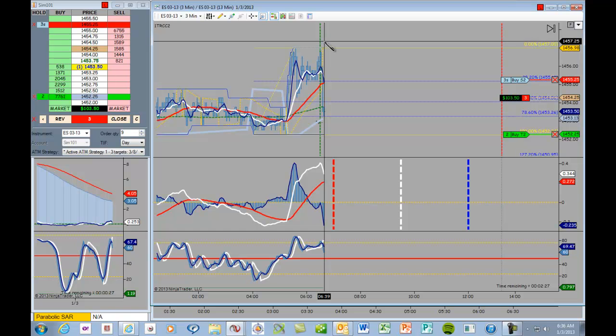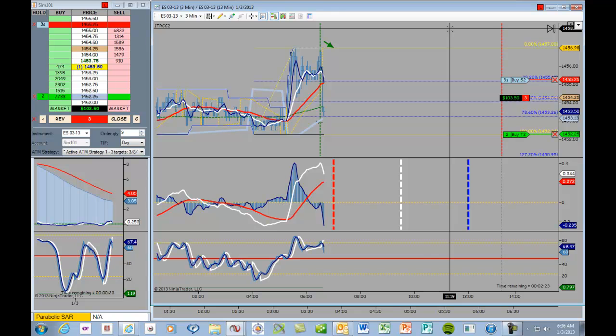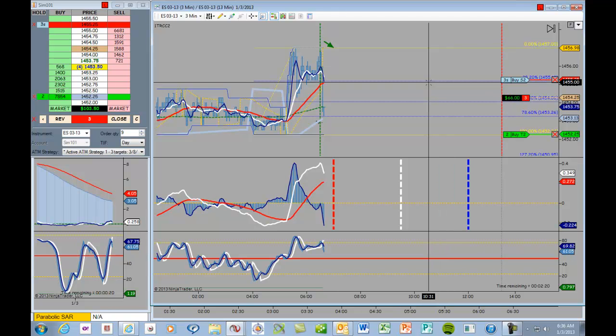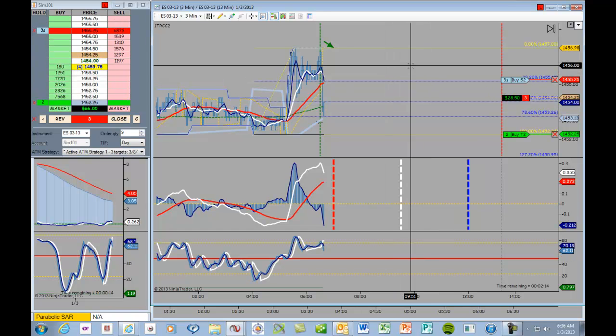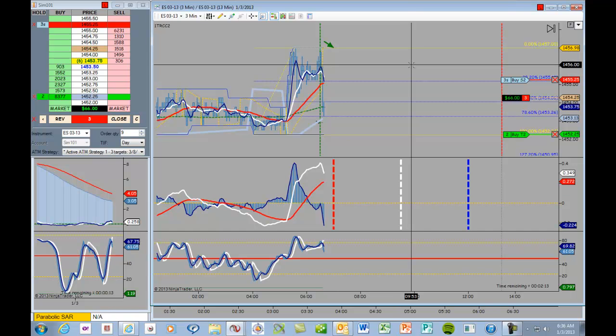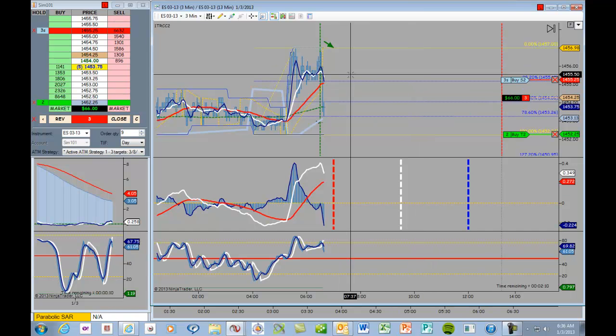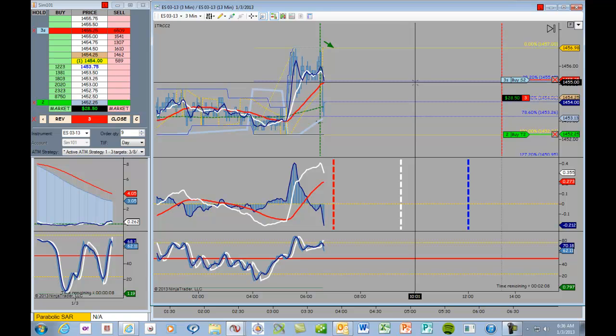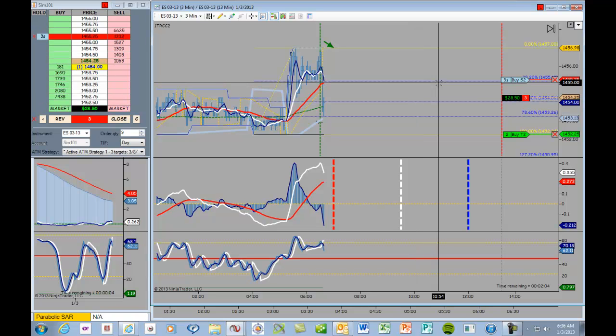Since we're trading off of turning points here, one of the things that is critical for us is to figure out, first of all, how far the market's going to go before it reaches that turning point and turns around, and then also, how far is it going to go from its most extreme point to the next extreme point?